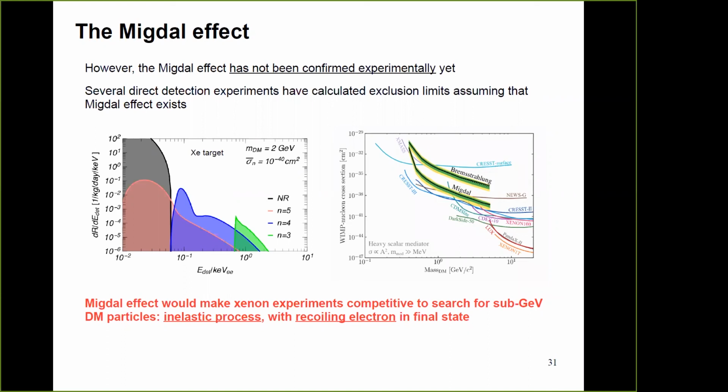Yes, and in terms of threshold, you expect a lower threshold for a lighter nucleus. The initial plan was to use argon and CF4, but we found that if we want to first confirm the Migdal effect, it's easier to just have CF4.